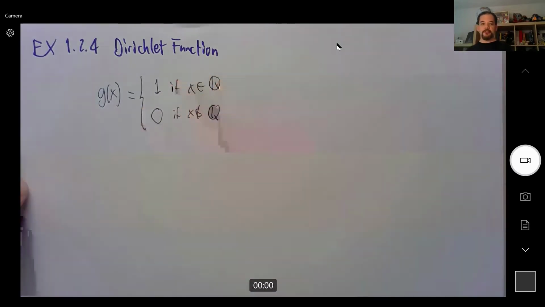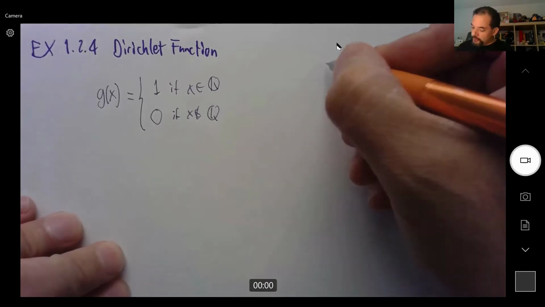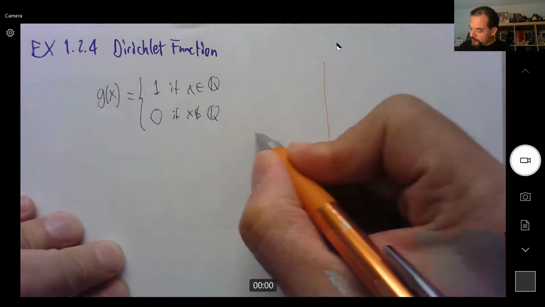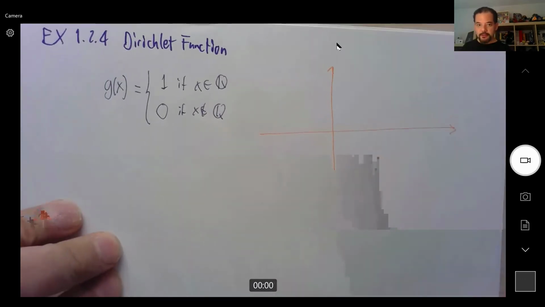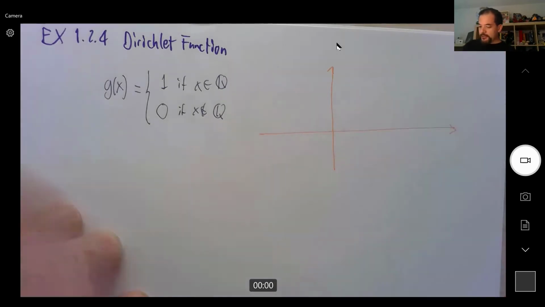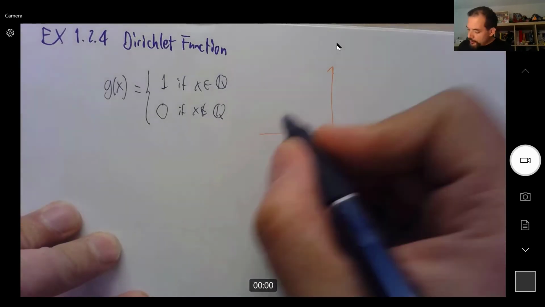So this ties in with what we were talking about last time about rational and irrational numbers, right? We discovered that there are some of them that are not rationals. So if we were to do the graph of this function, it would look a little bit like this. It's kind of crooked, but every rational number would be here.